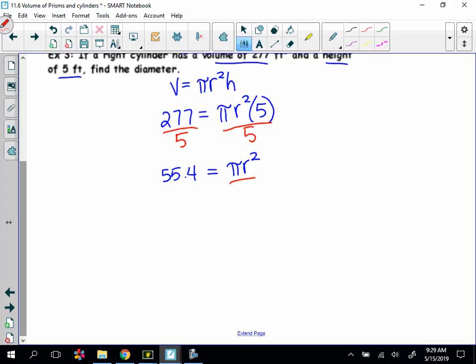Now I need to divide by pi. So if I divide by pi, I get about 17.63. And then I continue solving by taking the square root. So I've got r is approximately 4.2.